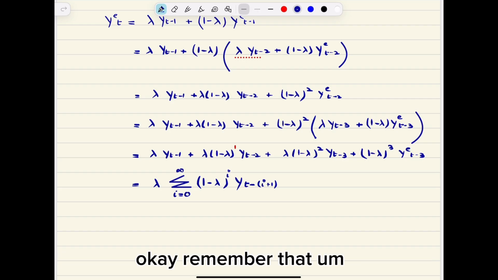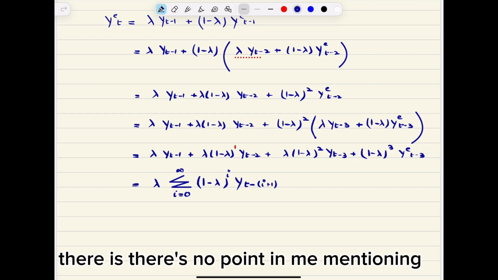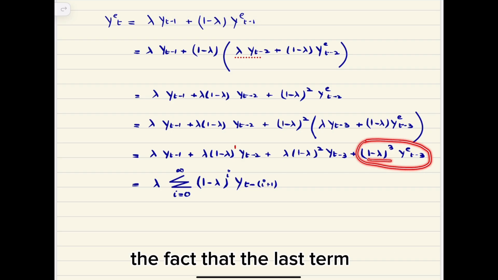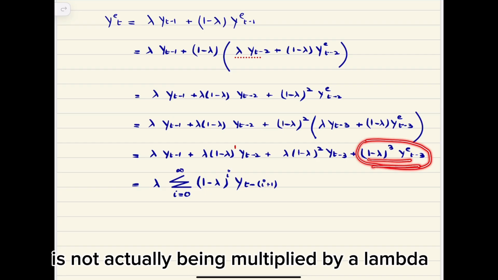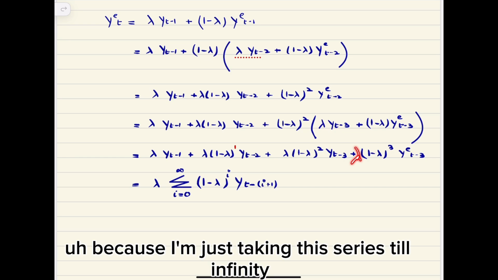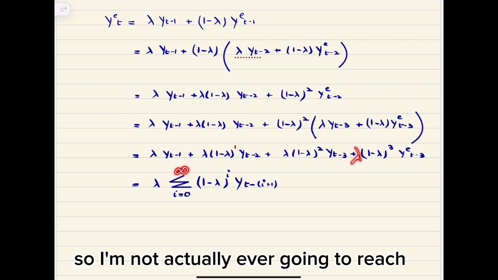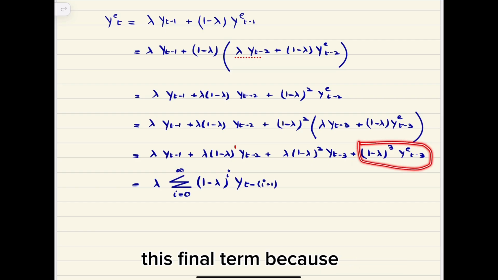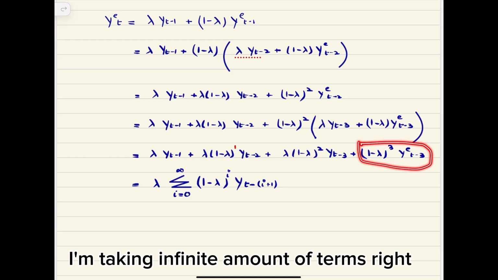Okay, remember that there's no point in me mentioning the fact that the last term is not actually being multiplied by a lambda because I'm just taking this series till infinity. So I'm not actually ever going to reach this final term because I'm taking an infinite amount of terms, right?